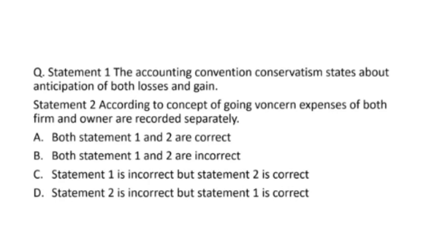Here it is asking about the convention of conservatism. Conservatism means you anticipate losses, but what is mentioned in the statement? Losses and gains. Gain is nothing but profit. So this statement is incorrect.